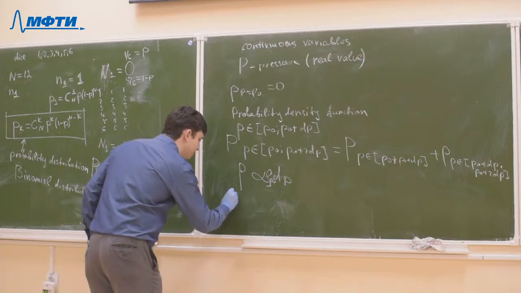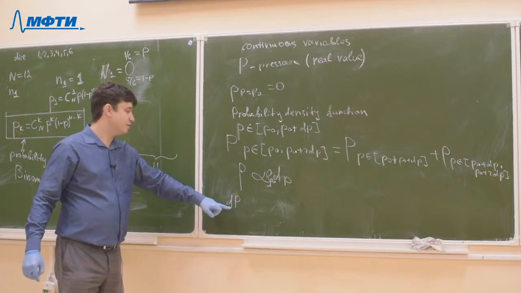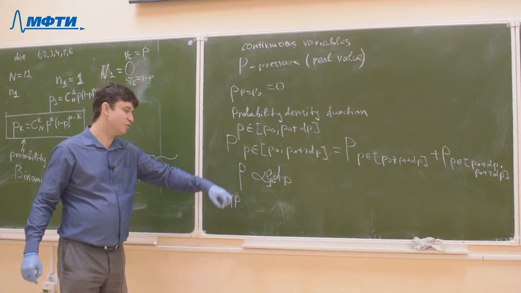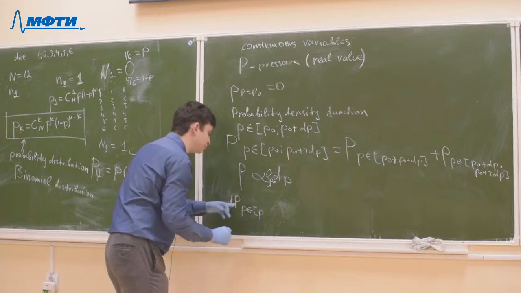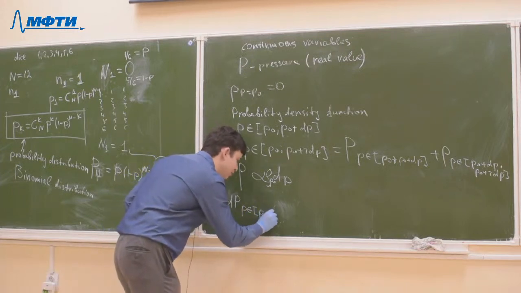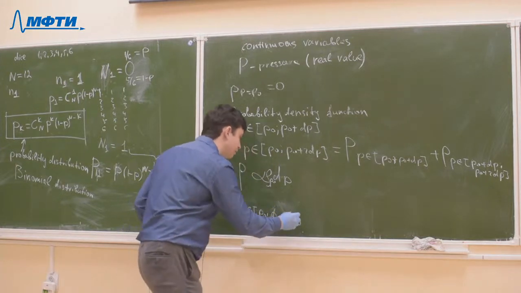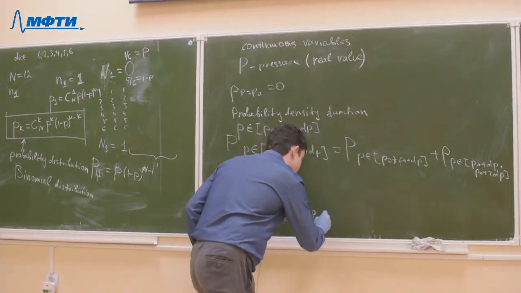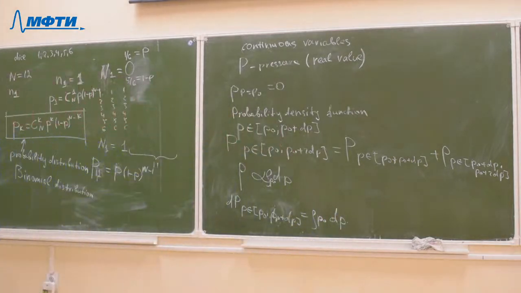It's often called dp in order to underline that this probability is quite small when the interval which we consider is very small. So that is how we deal with continuous variables.